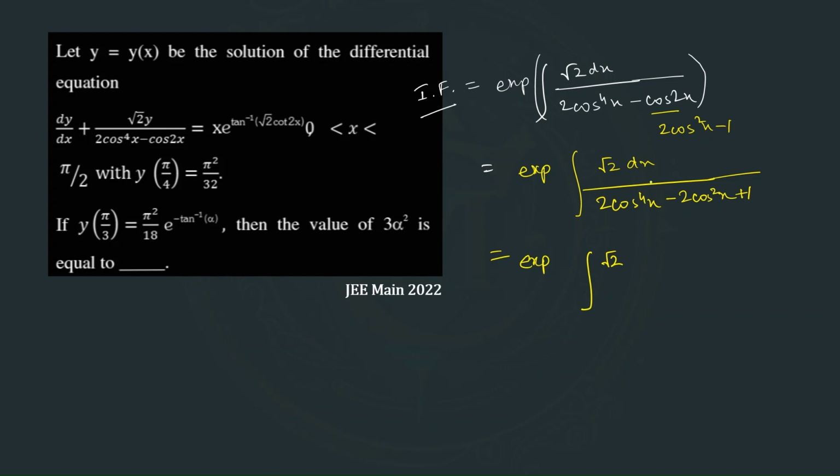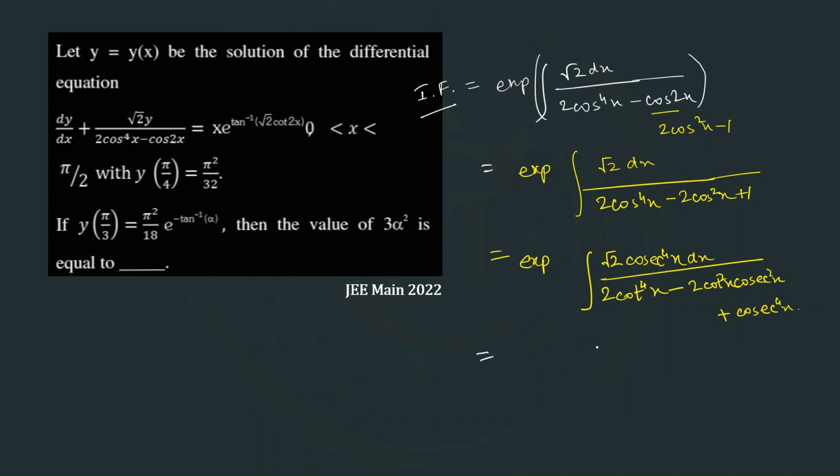If we divide by sine to the power 4x, we get cosec to the power 4x dx divided by 2 cot to the power 4x minus 2 cot square x cosec square x, and then plus cosec to the power 4x. Now, how to evaluate this integral?